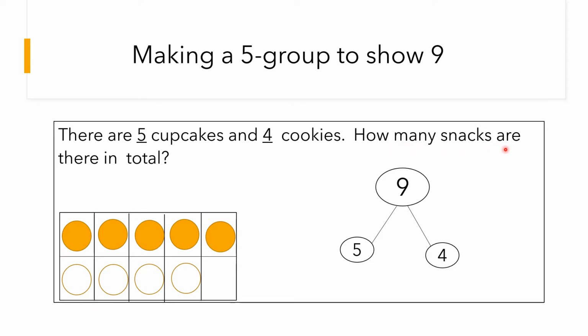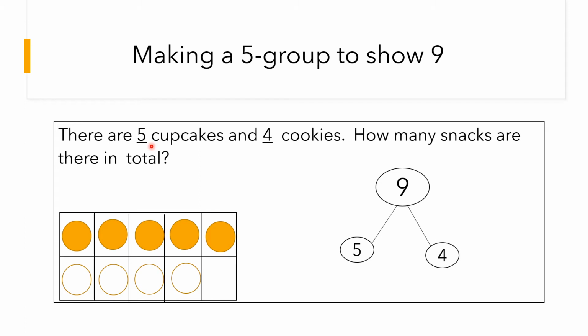How many snacks are there in total or all together? Now remember, our job today is to show this number story in a 5 group. To show this story in a 5 group, I need to be listening for the 2 parts that make 9. What 2 numbers did you hear in our number story?